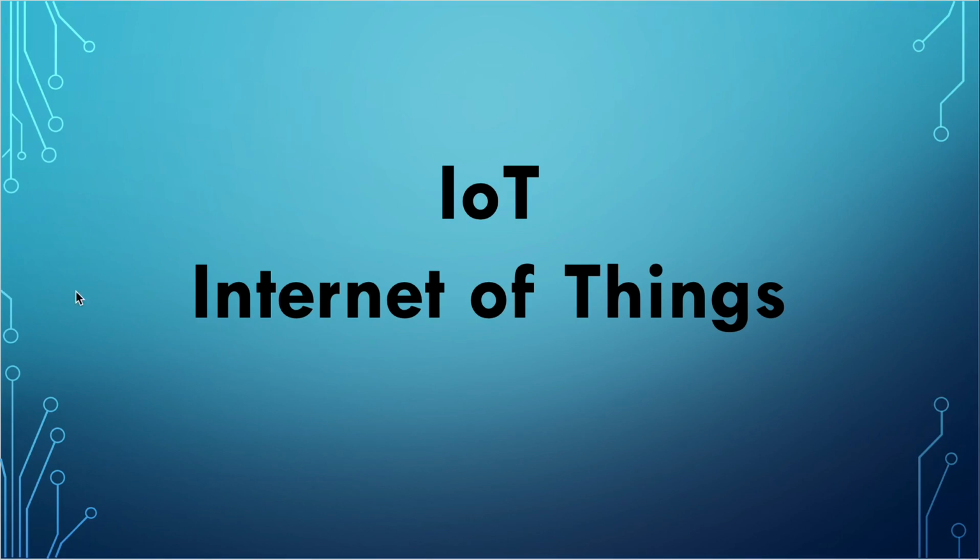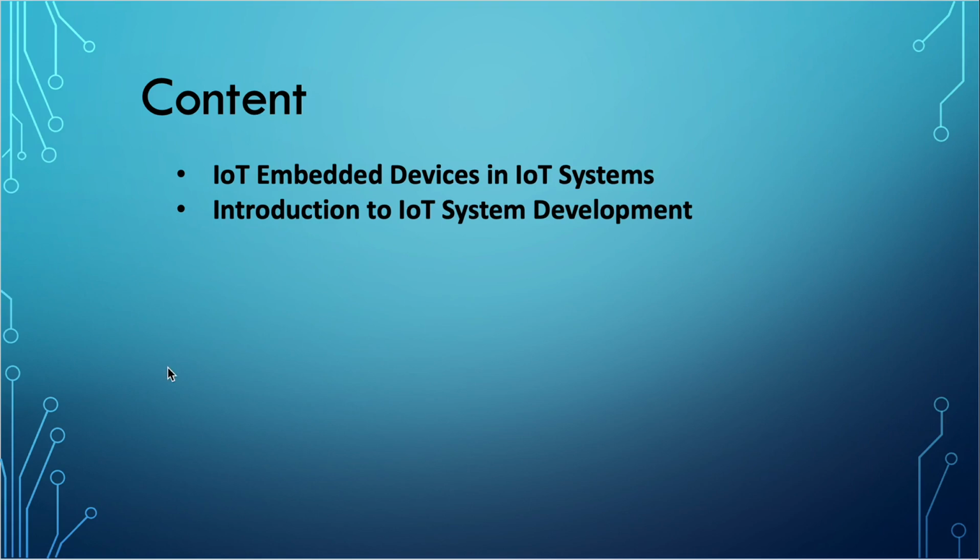In this chapter we will first look at the IoT embedded devices in IoT systems, right? So again, as I described, we are going to look at what is inside it, an introduction to IoT system development, right?